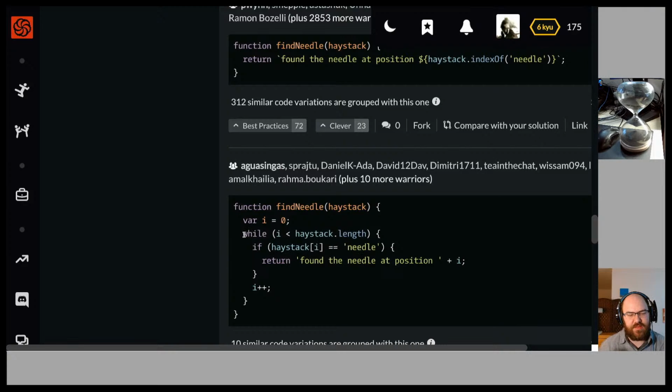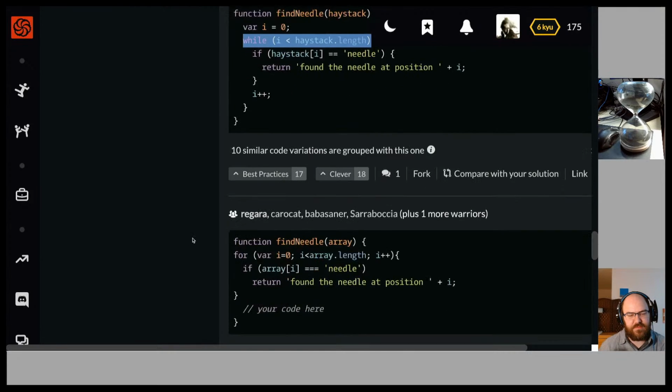Oh, while. And then i++ is written down here on its own. Huh. That's interesting. That i++ is important because otherwise you've got an infinite loop here. Excuse me. Okay.